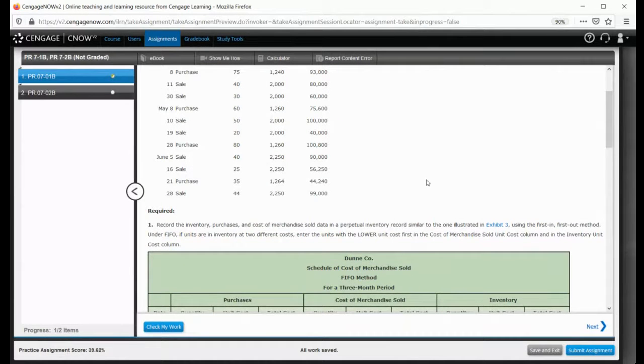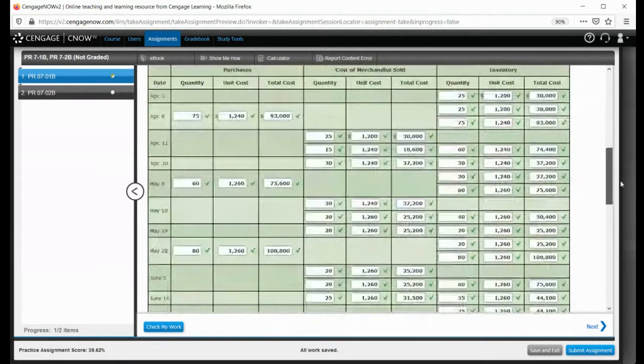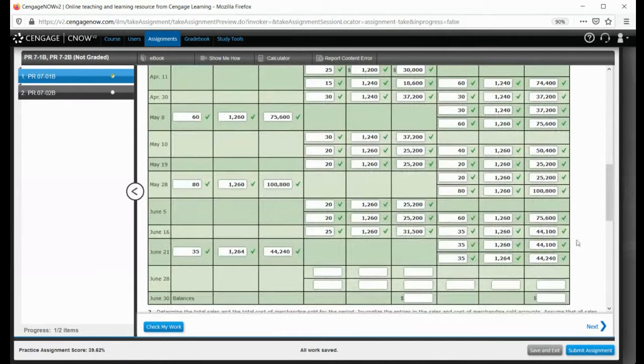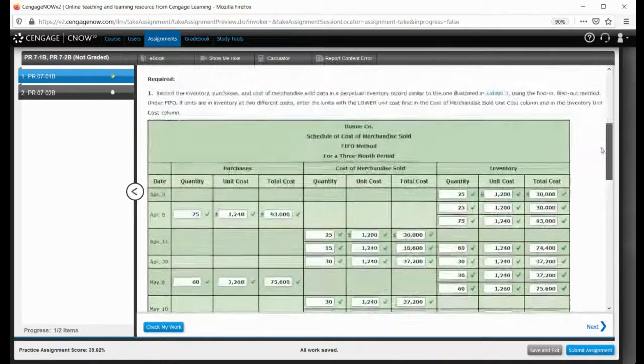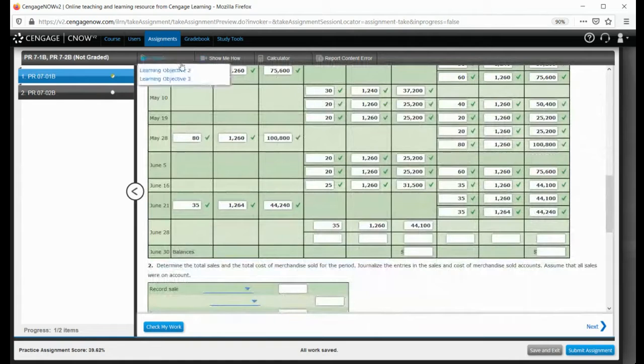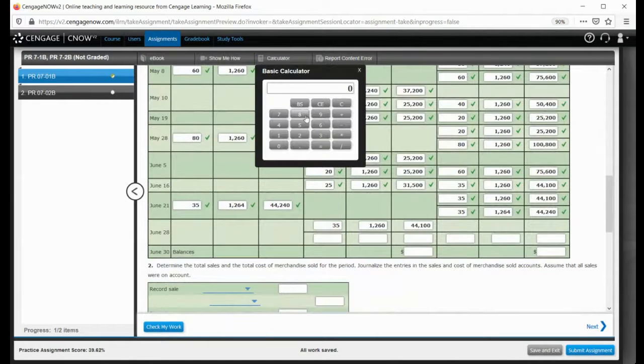So we sold 44 units on June the 28th. So we have sold all of the first layer of our inventory, 35 units at $12.60 is 44,100. And because we sold 44 units, we had 44 units that we sold.